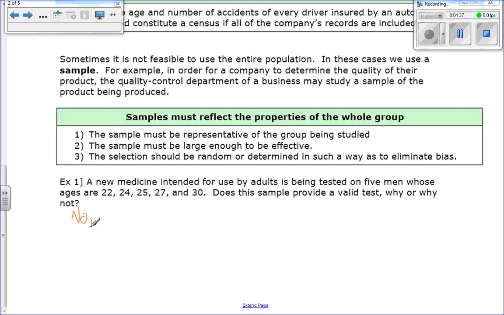It's not a valid test because the ages are in a small range, and the medication is for adults.